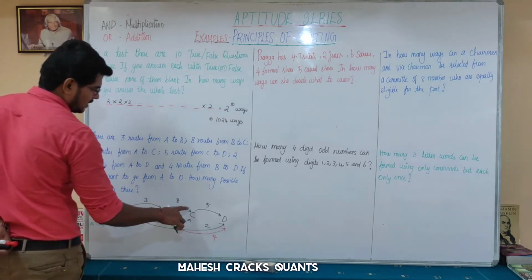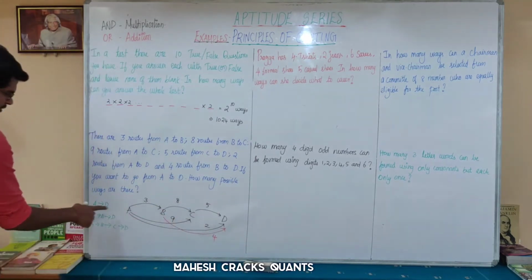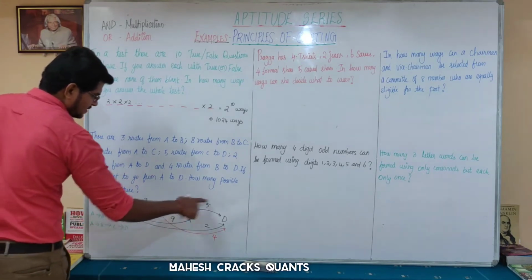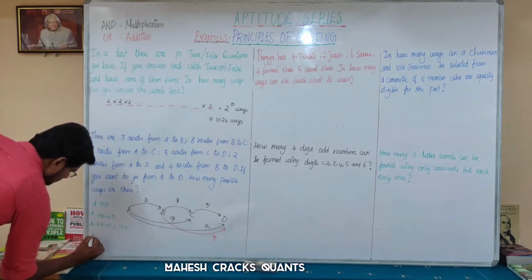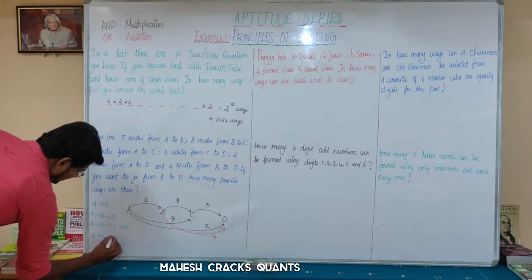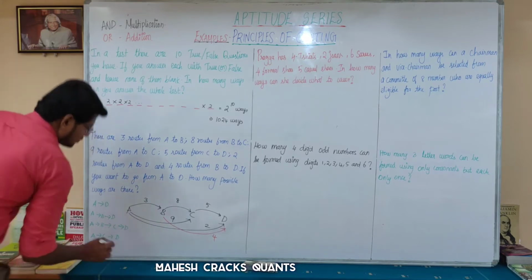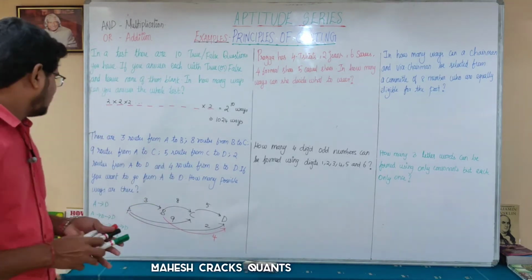And then the fourth choice is A to C and then C to D. So there are only 4 choices out there.